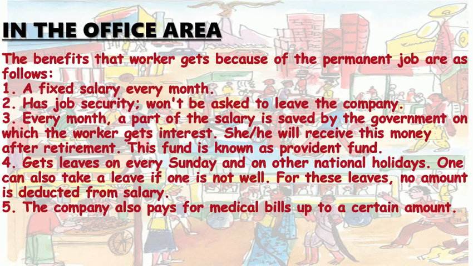In the office area, here is a story of a manager whose name is Chandni, and her office is in an area which has many other offices as well. Chandni works in a company that publishes books. She looks after the sales section.